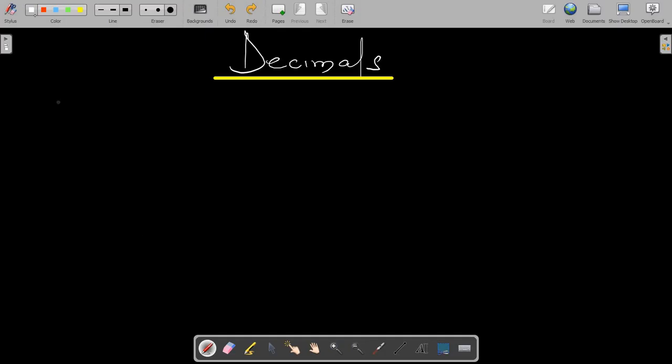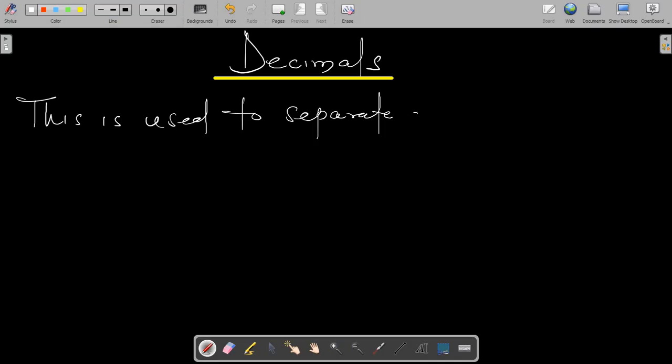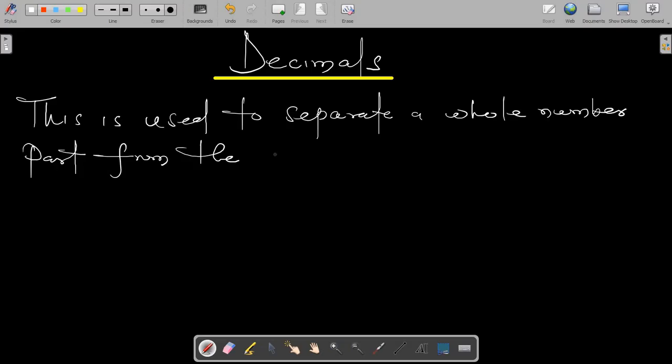So let's go. I will say that this is used to separate a whole number part from the fractional part.